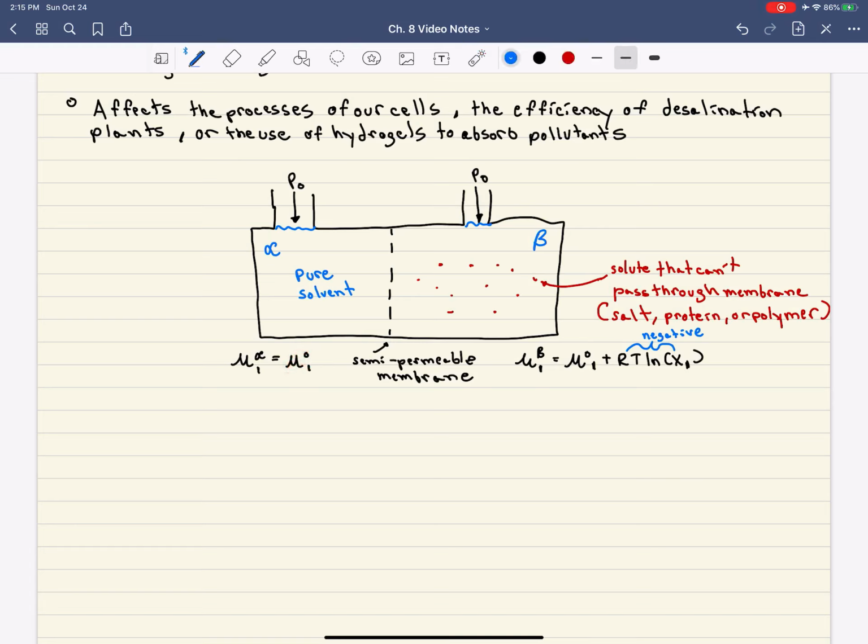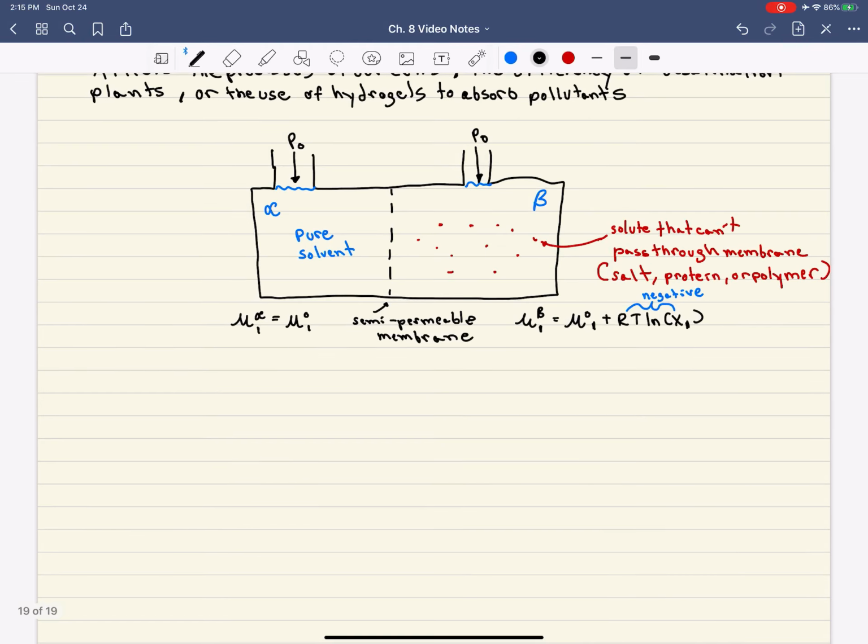And so what happens by adding in that solute is we make mu1 beta less than mu1 alpha. Okay? And so if we disturb the relationship between the two chemical potentials, we end up making the beta chemical potential lower than the alpha chemical potential.